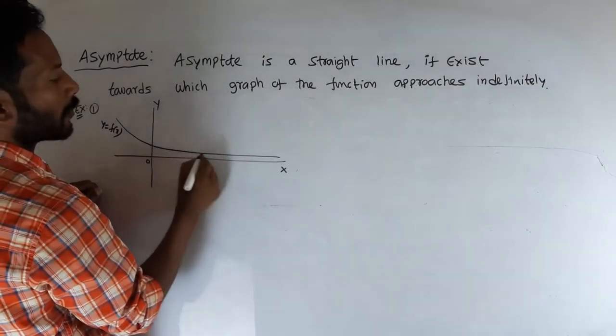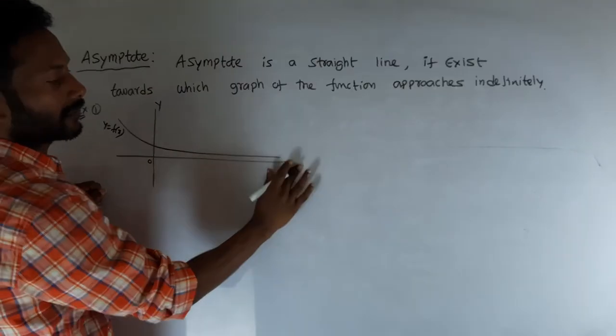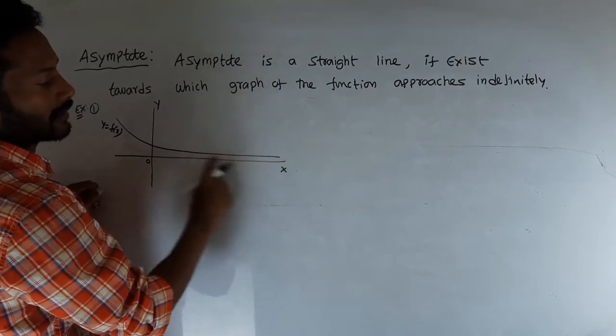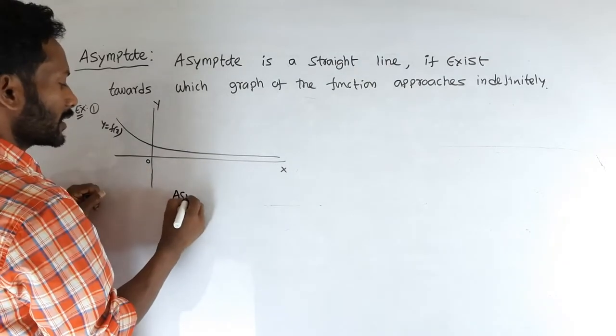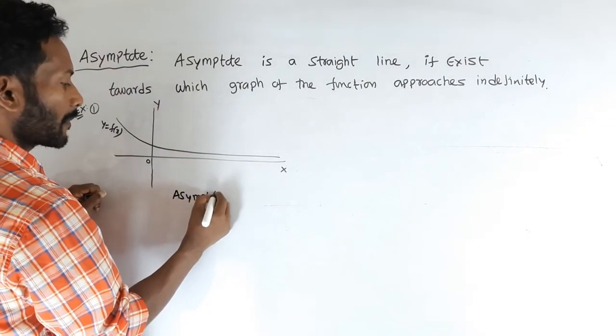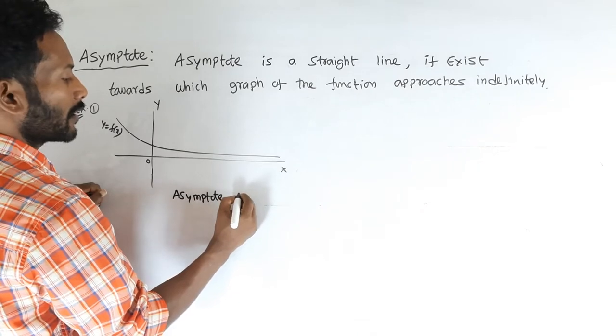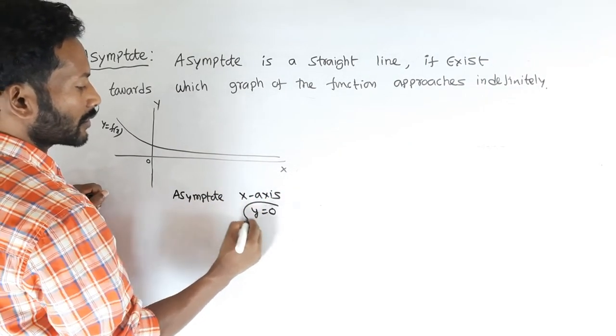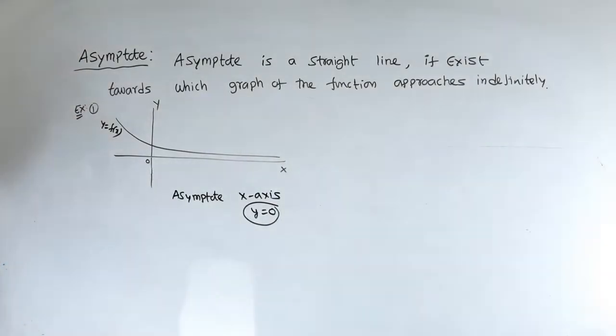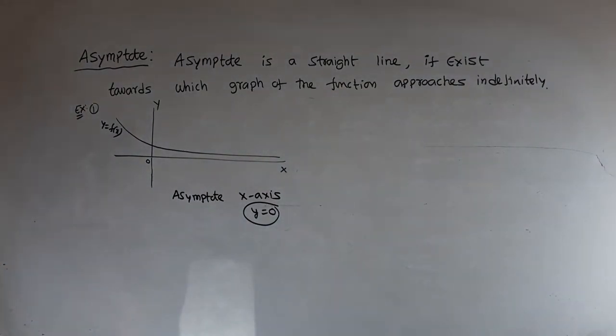This graph approaches the x-axis. So here asymptote is the x-axis. So x-axis means y equal to 0. This one is asymptote.